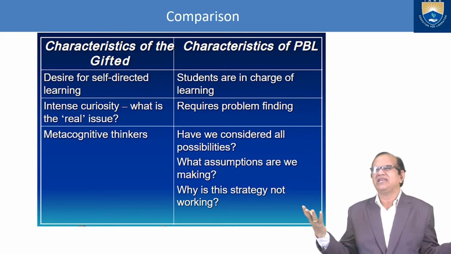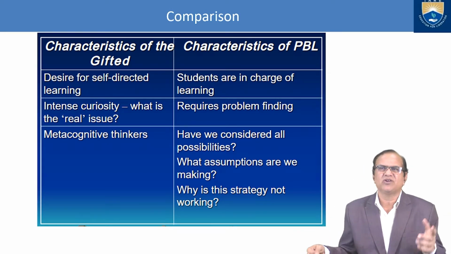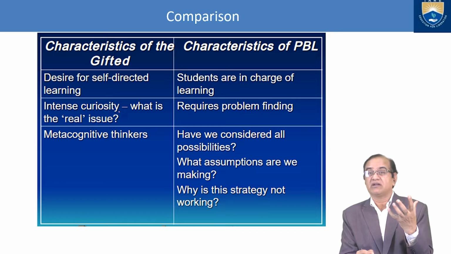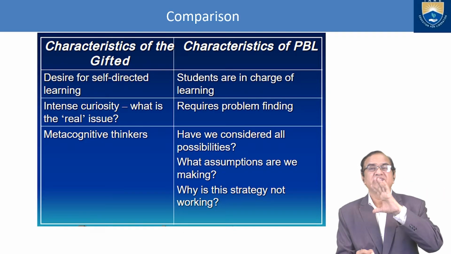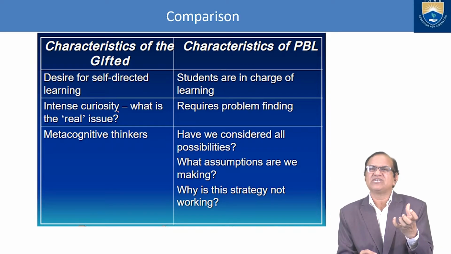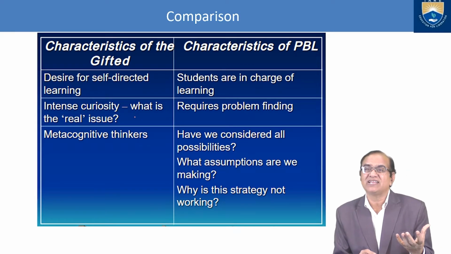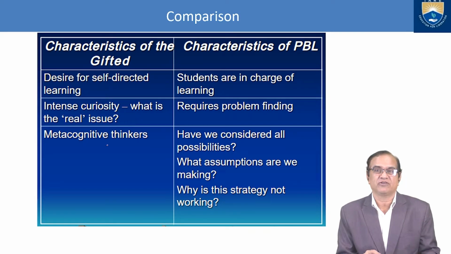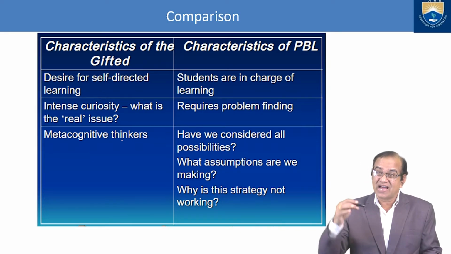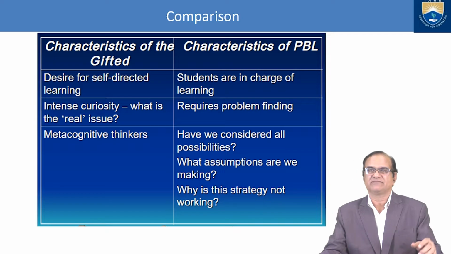They don't need much support. They will do their own work. So this type of students, they are self-directed. We need not even mentor them. Intense curiosity: they have a lot of curiosity to learn what the real issues are. They will find out. Then metacognitive thinkers, they have a high level of thinking.